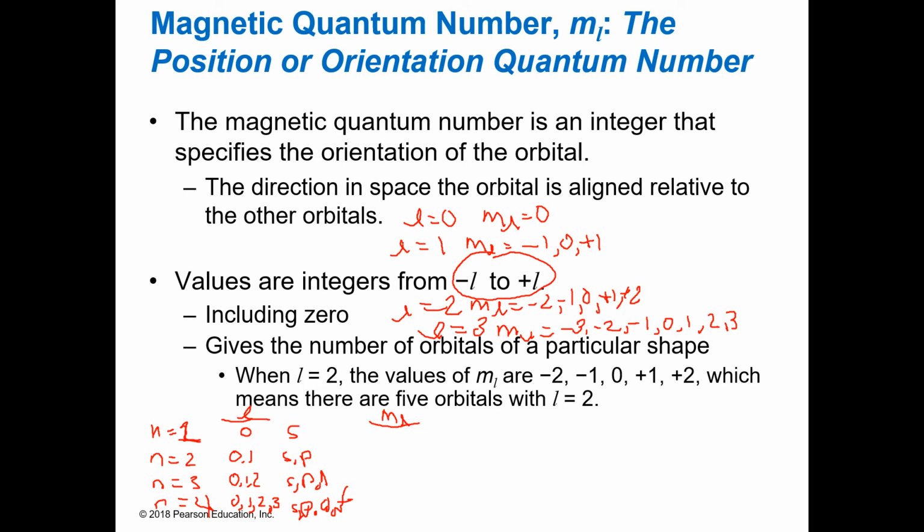When I have a P subshell, the P subshell is broken up into 3 orbitals. The D subshell is broken up into 1, 2, 3, 4, 5 orbitals.